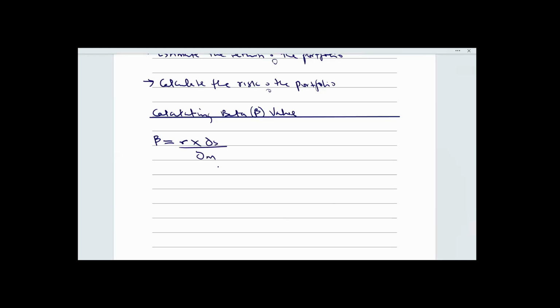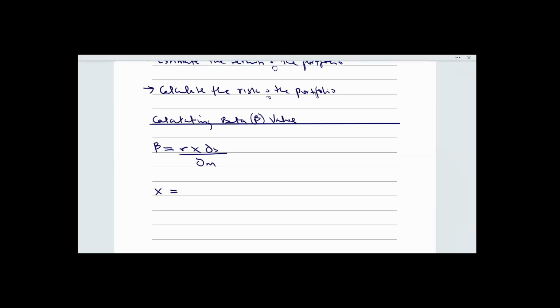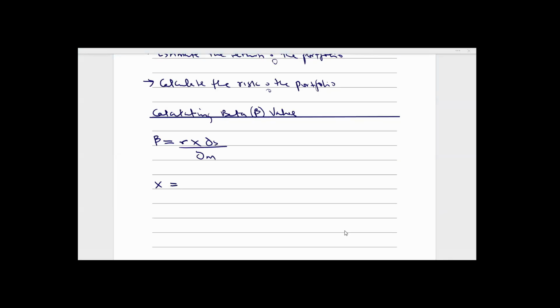We do this for each security, starting with security X. Let's go back to the question and pick the numbers. According to the question, the correlation coefficient of security X is 40%, and the standard deviation of security X is 15%. Therefore, 0.40 multiplied by 0.15 over the standard deviation of the market, which is 8% according to the question.